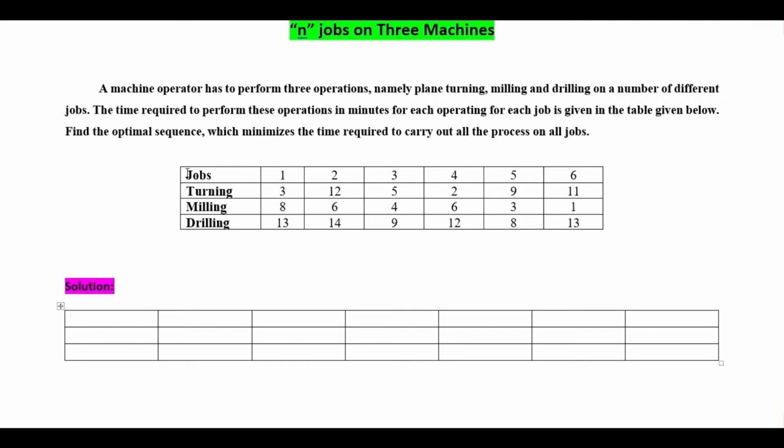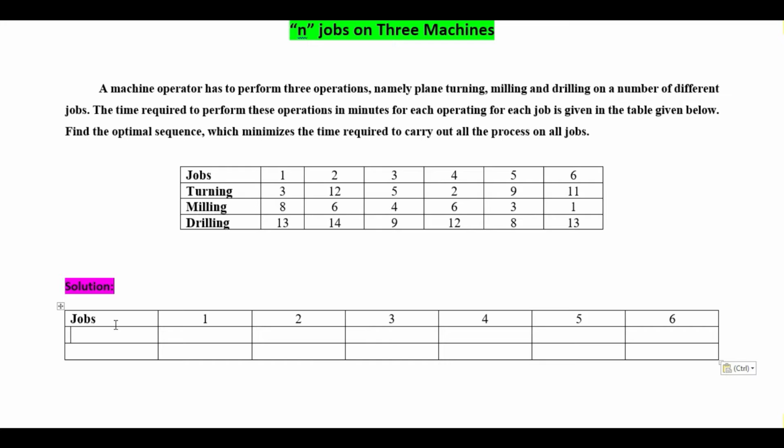So this is job, as usual, 1 to 6. And the 3 operations are converted into 2 machine operations.